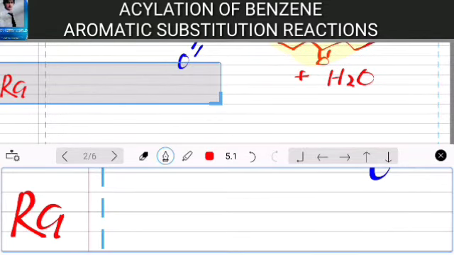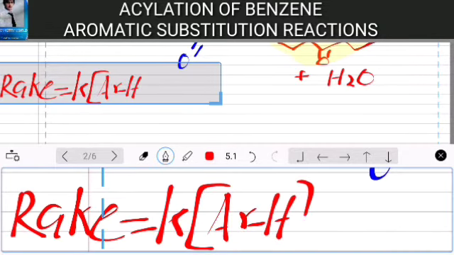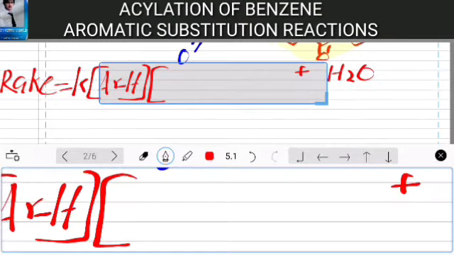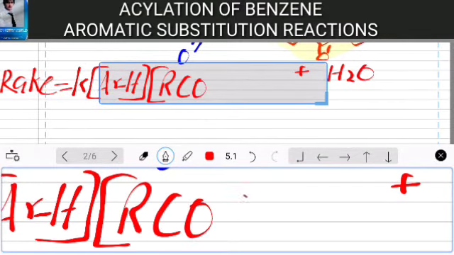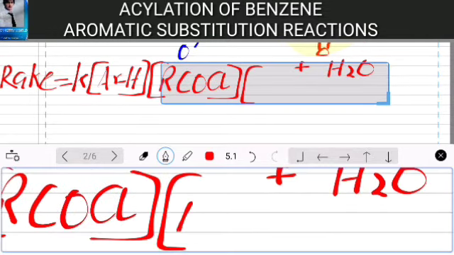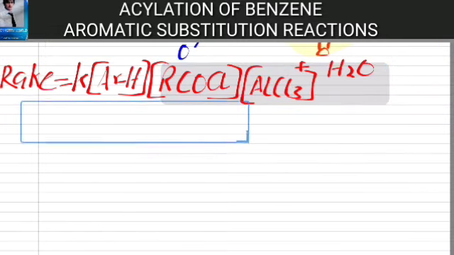We can write rate is equal to K, ARH, aromatic ring, and our reagent RC double bond O Cl, plus our catalyst AlCl3. So that is the kinetics and rate of the reaction.